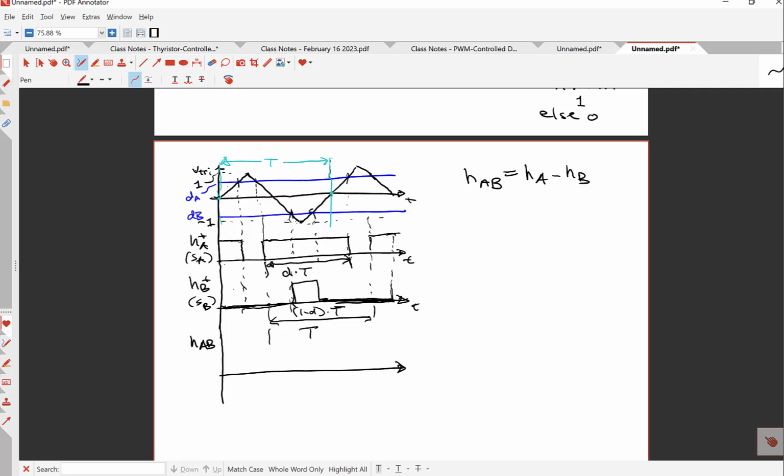And so we have HA minus 0, we have a 1, then we have a 0, we've got HA minus 0 again, up until this point, and then HA minus HB is a 0 here.